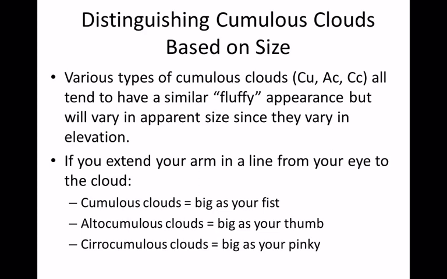So that's going to be just cumulus. If it's about the size of your thumb, it's a middle fluffy cloud, so it's altocumulus. And if it's about the size of your pinky, it's cirrocumulus because it's high up. Yeah. So we have 3 different cumulus: cumulus, altocumulus, cirrocumulus.